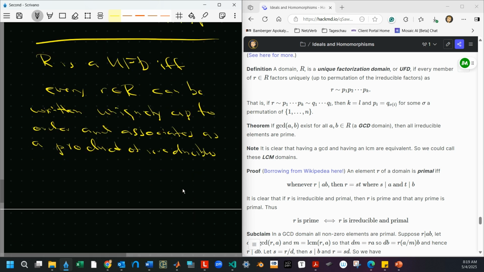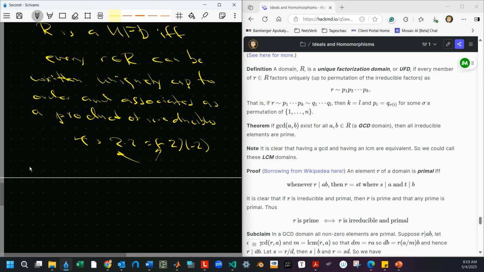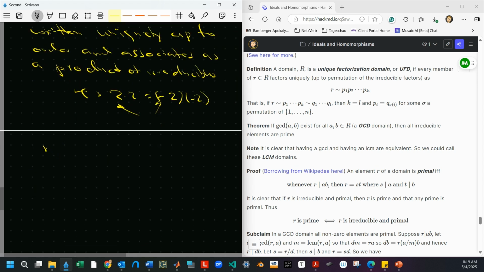This is actually true in Z too, right? I can write 4 is equal to 2 times 2 and also minus 2 times minus 2, and we consider those to be basically the same. So we do have 2 units, 1 and minus 1, even in Z. So just to sort of play this out some.